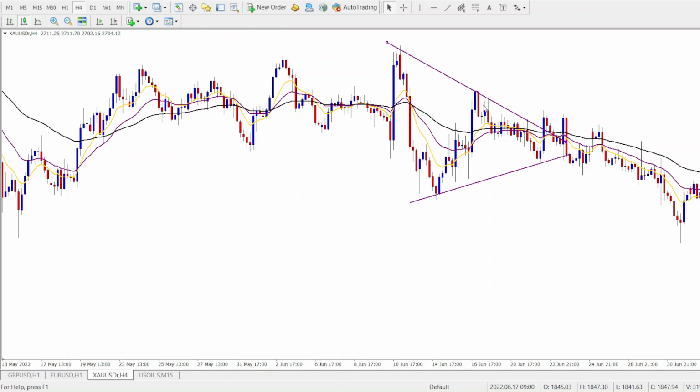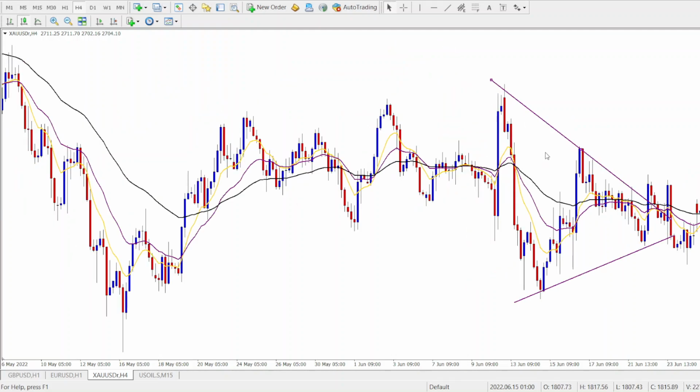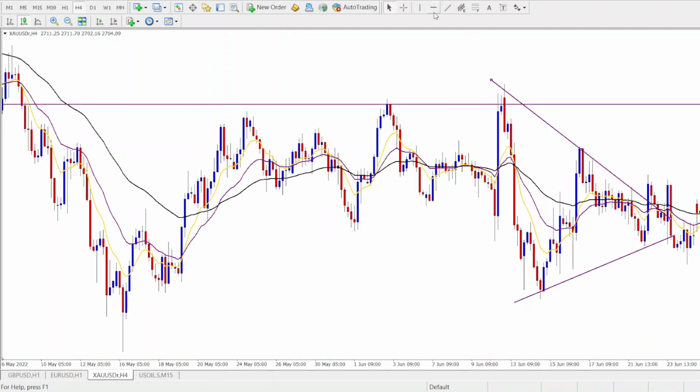This is not exactly the pattern because it did not stay for long, and it is more like a horizontal range. I'm just using this to show an example of how a triangle consolidation looks, though it was mostly horizontal.